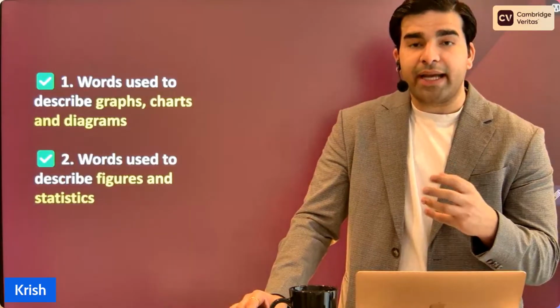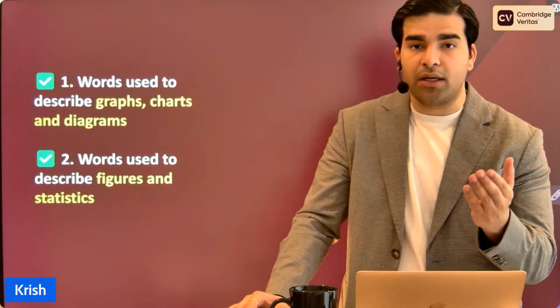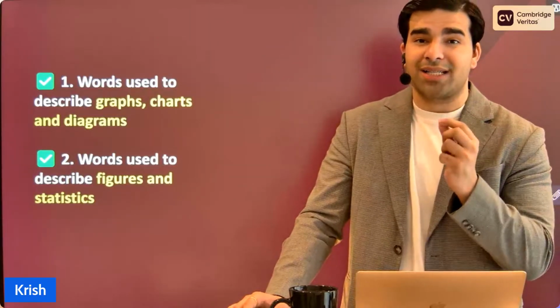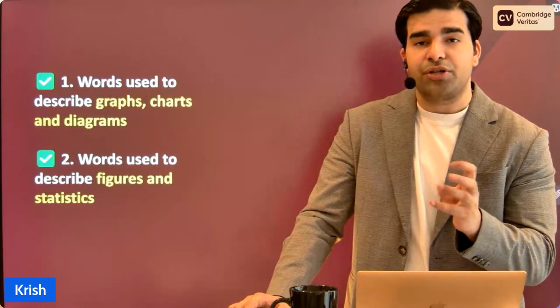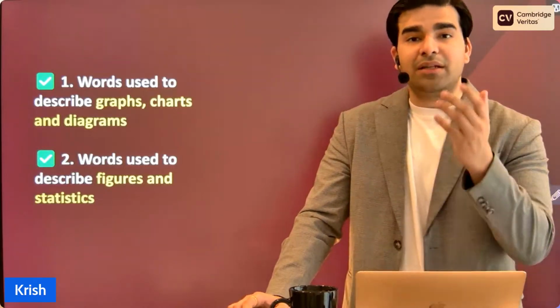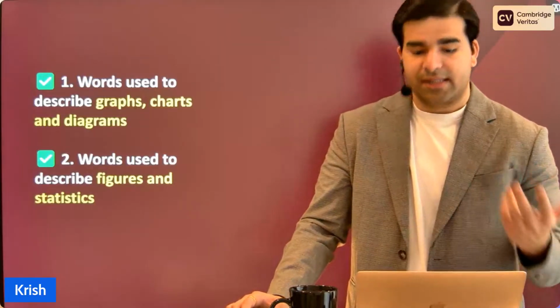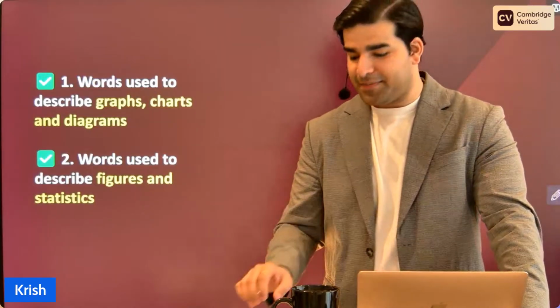A lot of people are able to get good bands on IELTS writing task two, but it becomes really difficult for task one, which is descriptive writing. I'm talking about the academic module where you have to describe the data that you see on a picture, chart, diagram, graph, etc. So to do away with all of that, we have today's lesson.